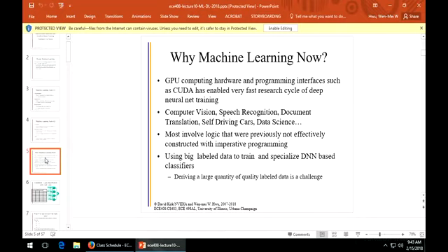And these are high-value applications that we have not been able to build effective systems for. Because GPUs enable us to process a huge amount of training data when we train these models, suddenly these things have become practical. And most of them involve logic that we previously were not able to effectively construct with imperative programming.